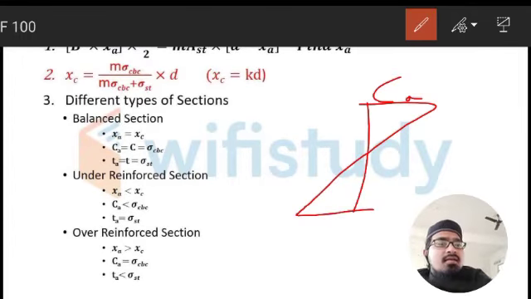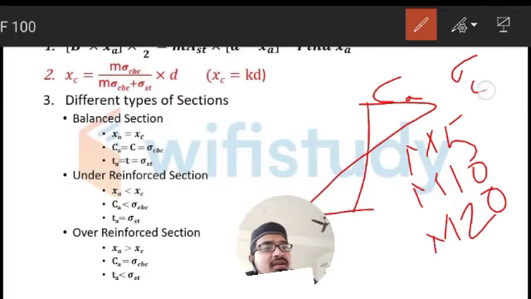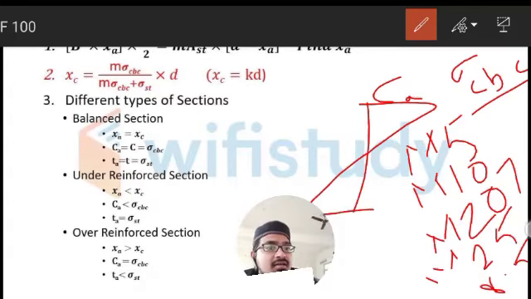This CA will be less than the permissible limit for various grades of concrete like M5, M10, M15 and so on, M20. There will be sigma CBC values, right? We have seen them in the previous class. For M5 something value is there, for M10, M20 what is the value? 7, and for M25 it is 8.5.